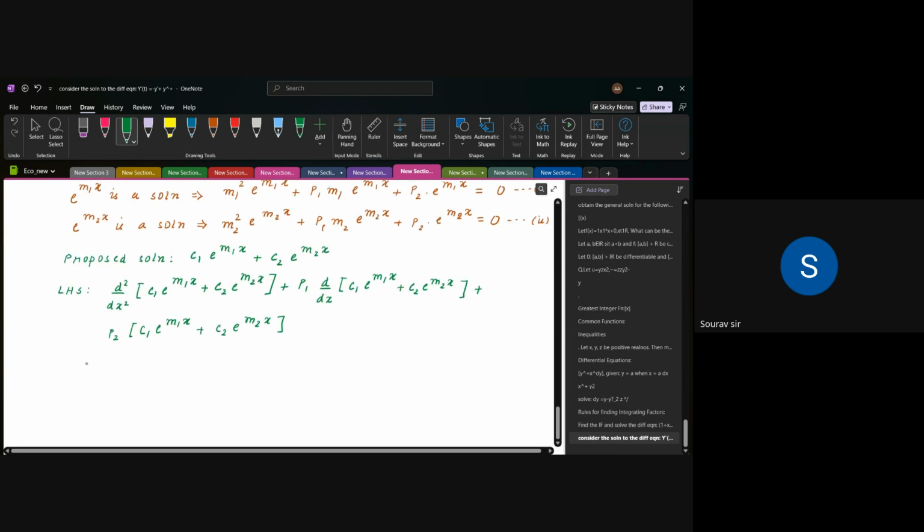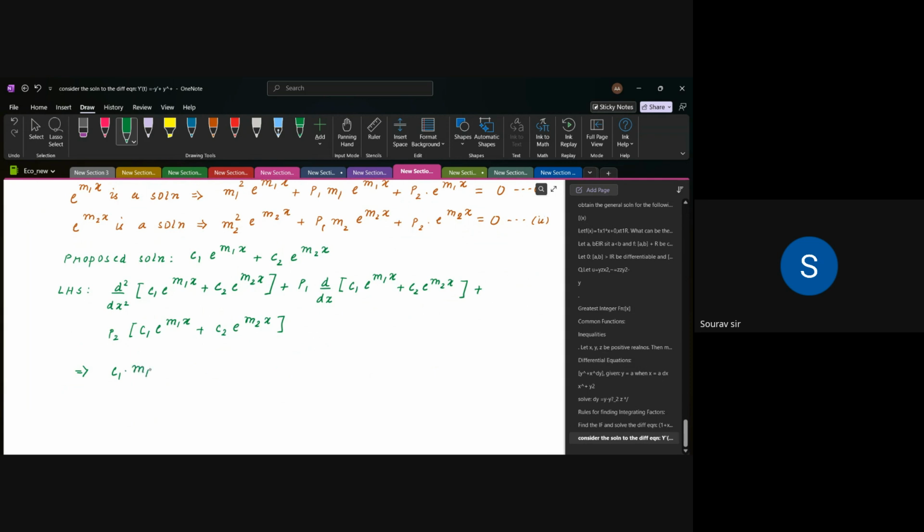So if we just try to solve this, what are we getting? Second derivative will be C1 m1 square e raised to the power m1x plus C2 m2 square e raised to the power m2x, right?